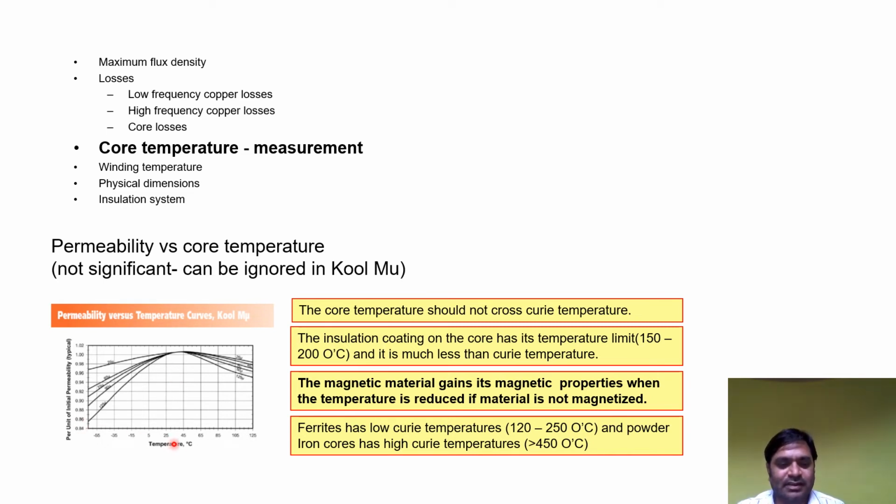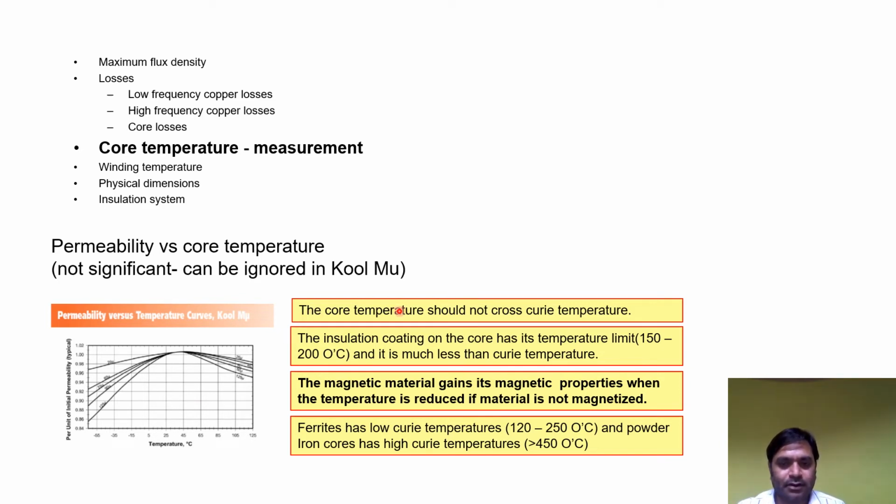Here is the graph which shows how the permeability changes with temperature, and if the permeability changes, the inductance will change. As the temperature increases, the permeability slowly decreases, and this will lead to a decrease in the inductance value. So while designing this inductor, we have to carefully do the worst case analysis and make sure this does not lead to saturation.